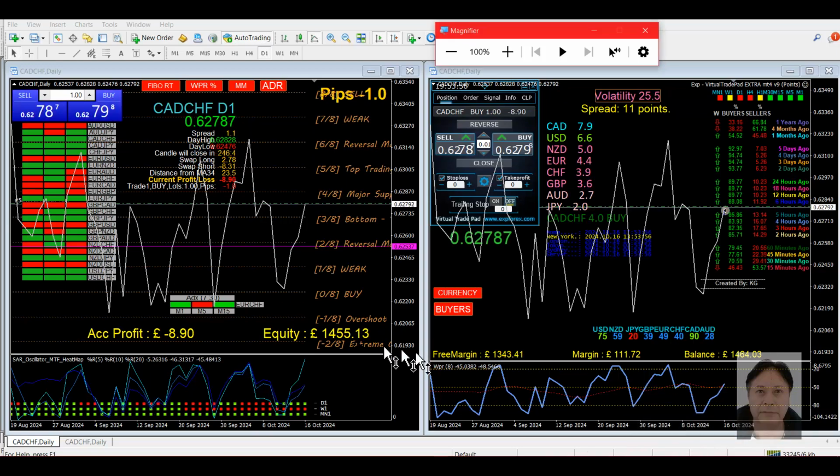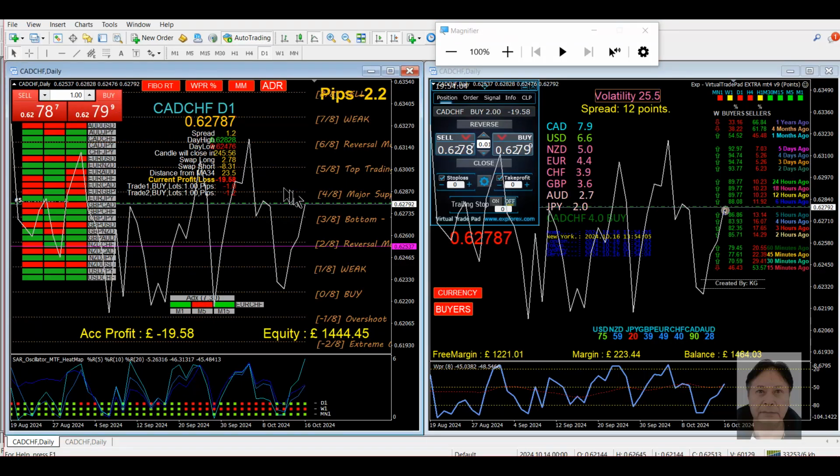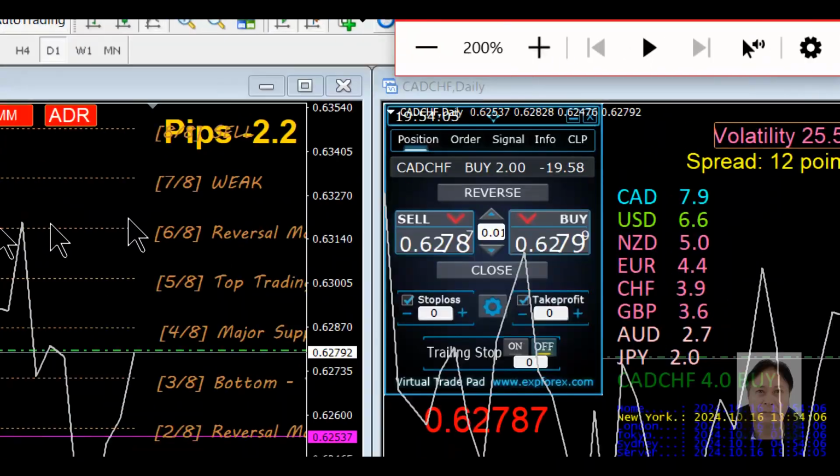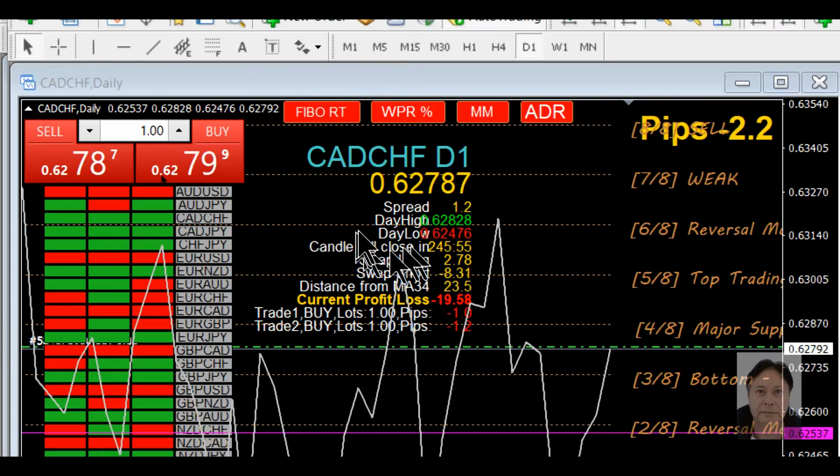Oh, I can see 2 greens here now, so I can place another order. There we go. Now, according to this indicator here, I've got 2 orders running. Now, I mentioned this before. This is a very good indicator.